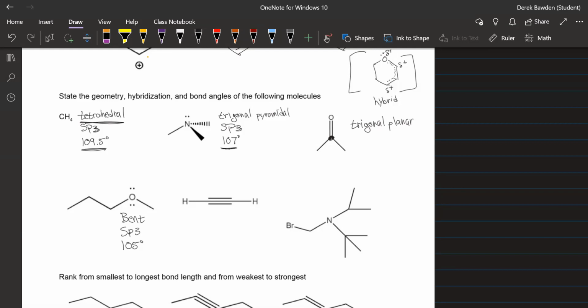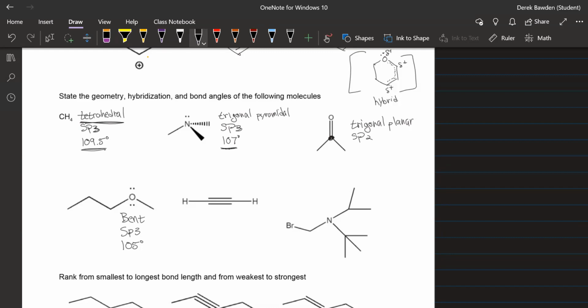And then planar because it's all in one plane. If there were lone pairs, that would force the other bonds to separate a little bit more and then they go into different planes. But this molecule is completely flat, so that's what makes it planar. There's one plane. We said 3 regions of electron density makes it sp2 or sp3? sp2.